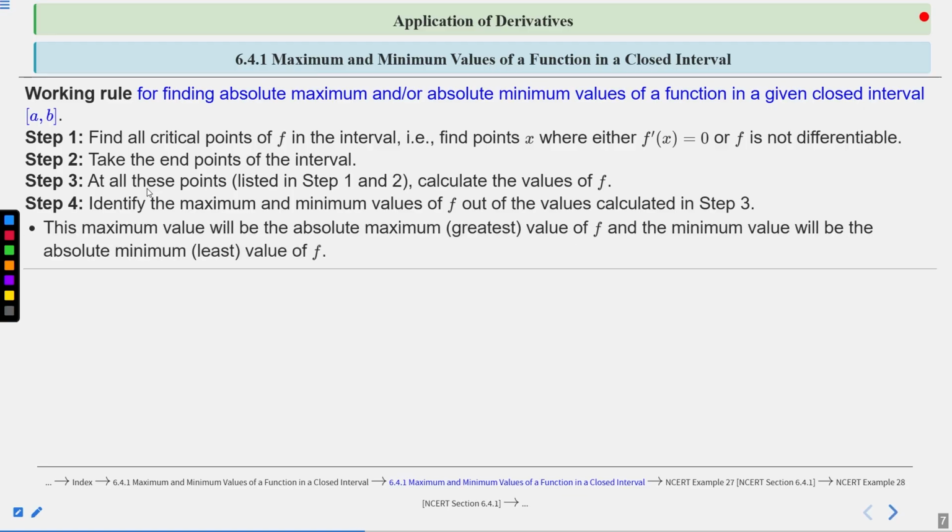This maximum value will be the absolute maximum or greatest value of f, and the minimum value will be the absolute minimum or least value of f.